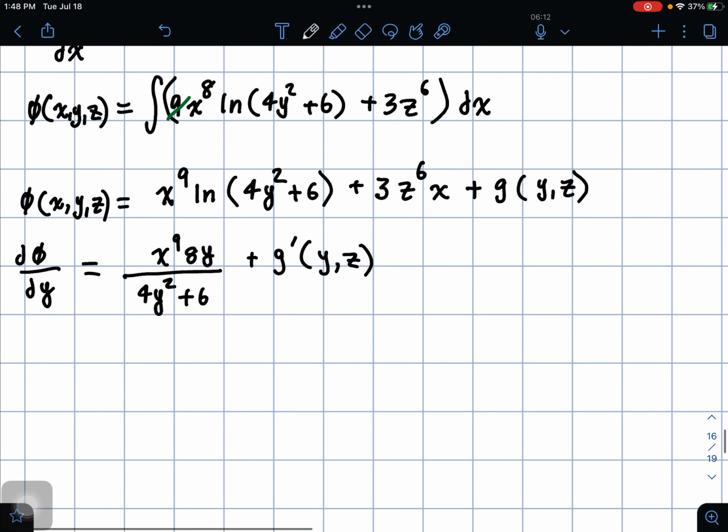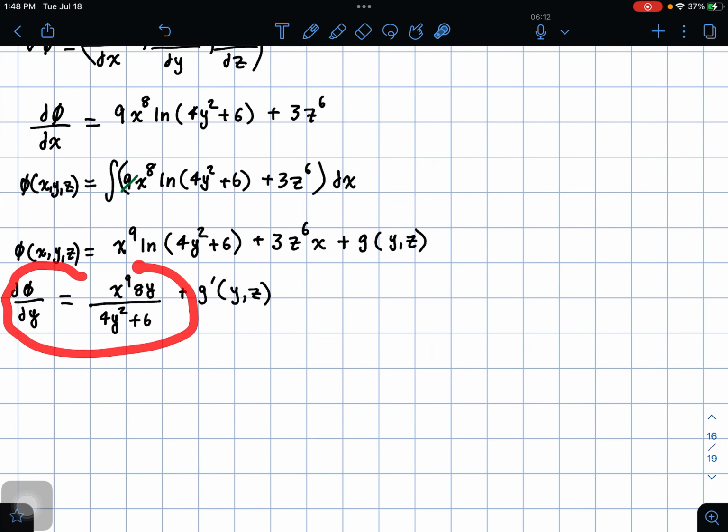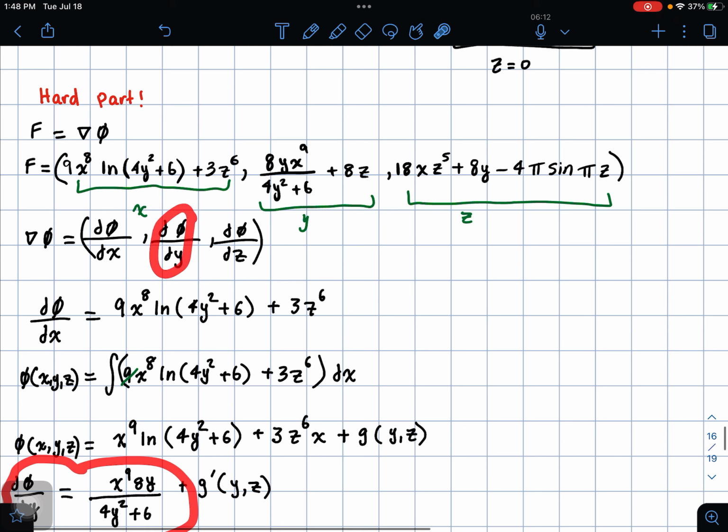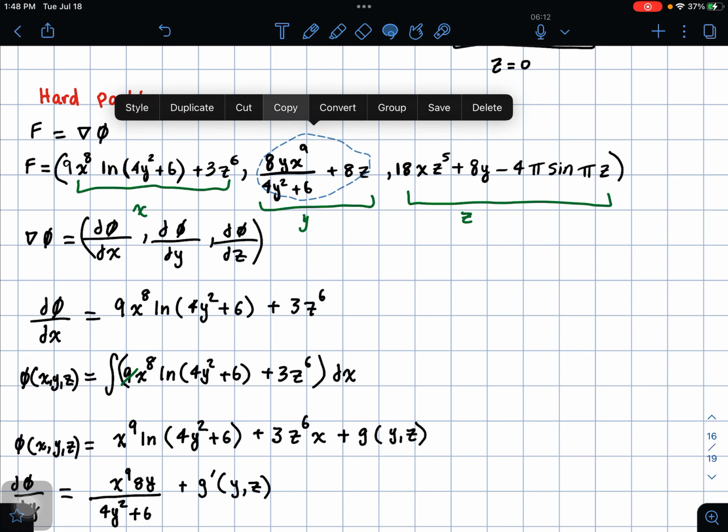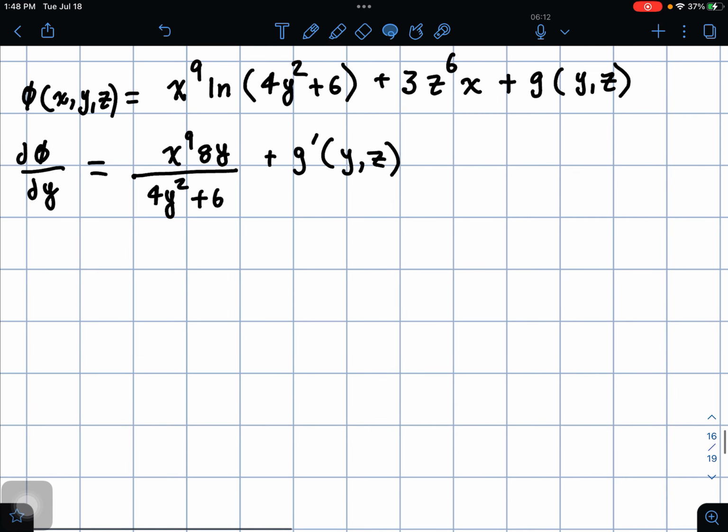Right? Okay, so like I said earlier, this thing is equal to this, which is equal to this, right? So we can compare them. So basically we have this.